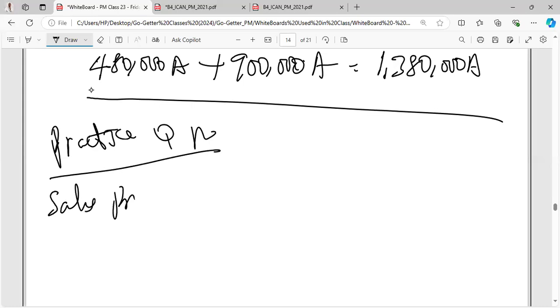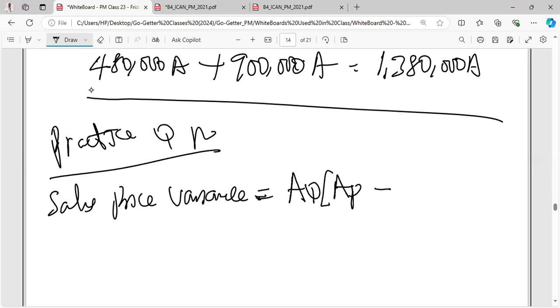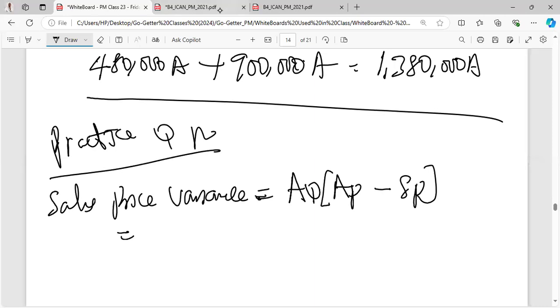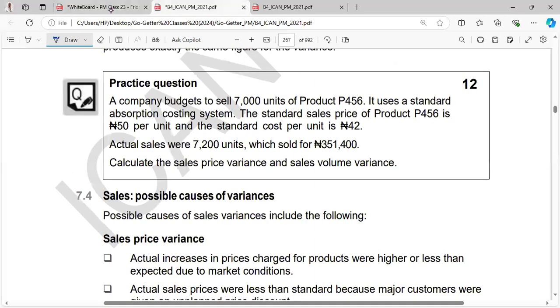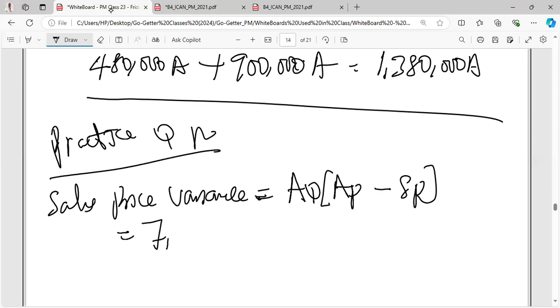Sales price variance is actual quantity times actual price minus standard price. So the quantity sold here is 7,200 units.